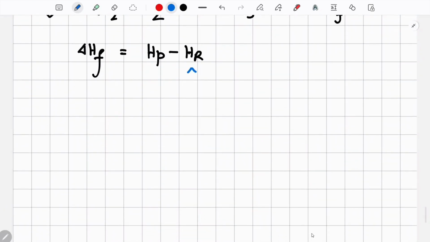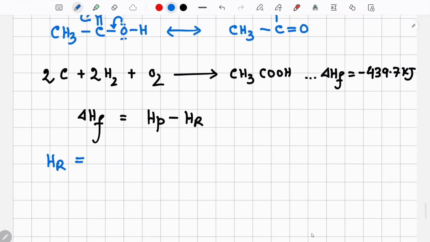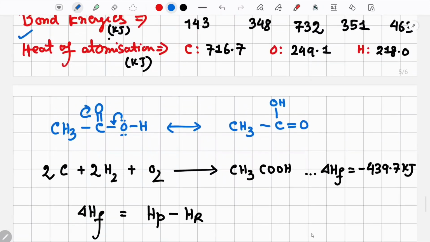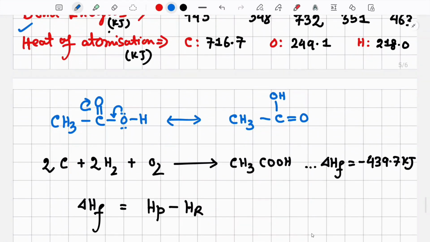How can we calculate the value of HR? Just use the heat of atomization of carbon, oxygen, and hydrogen. So 2 carbon, 2 oxygen, 4 hydrogen.